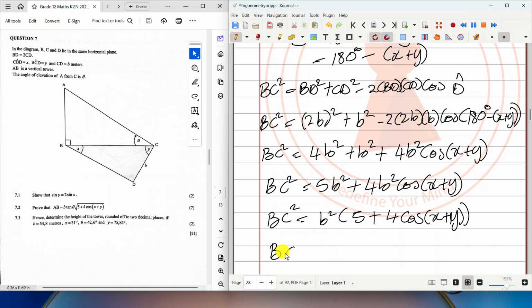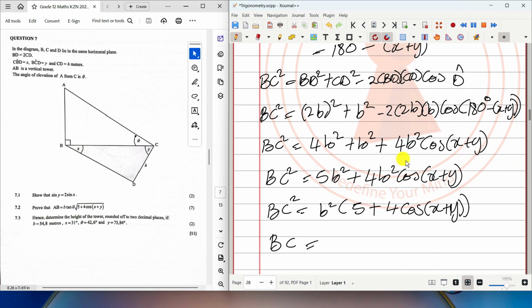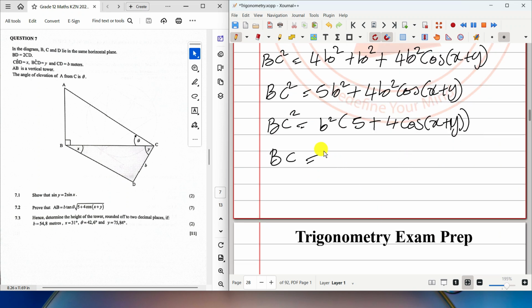So BC will be the square root of this, which is B times the square root of 5 plus 4 cos x plus y. That is BC. However, the question is not asking us to find BC, but rather to find AB.